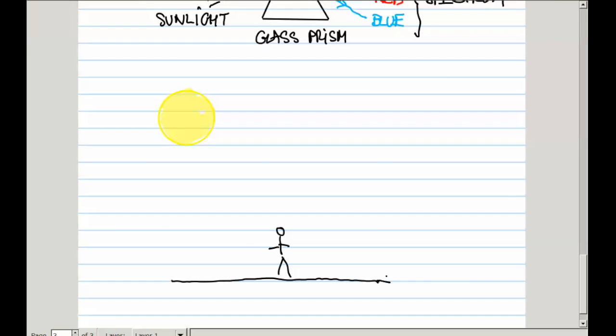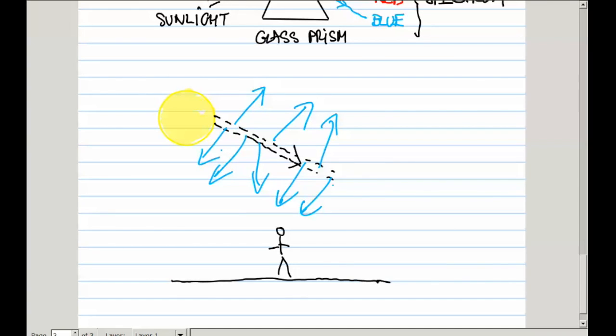If I look at the beam of the sunlight, and of course there are many more beams coming in all possible directions, then as I said, the blue light gets scattered very efficiently in all possible directions, while the red light doesn't get scattered by the same amount.